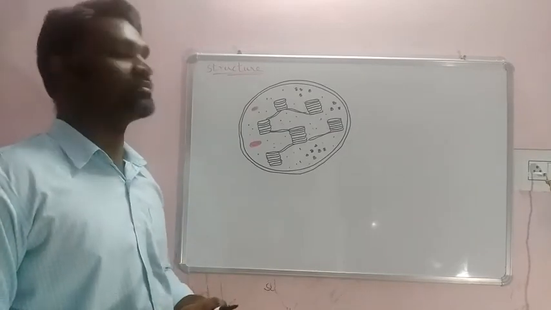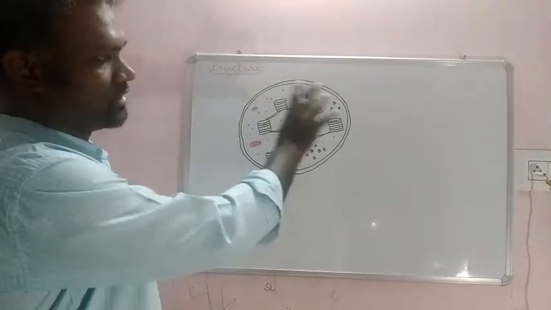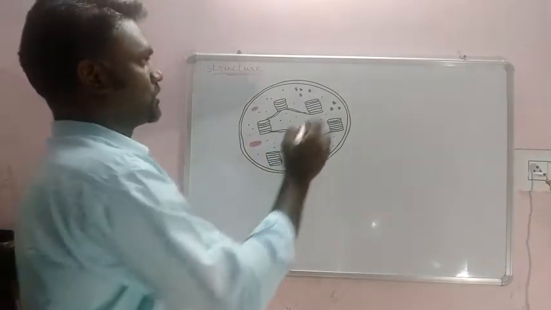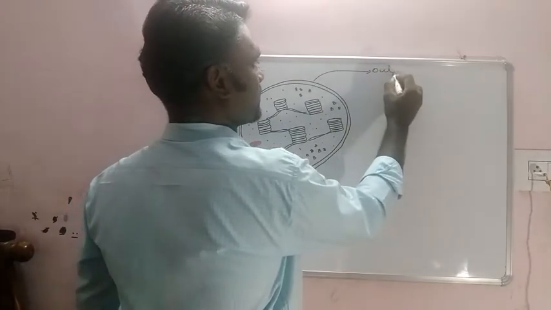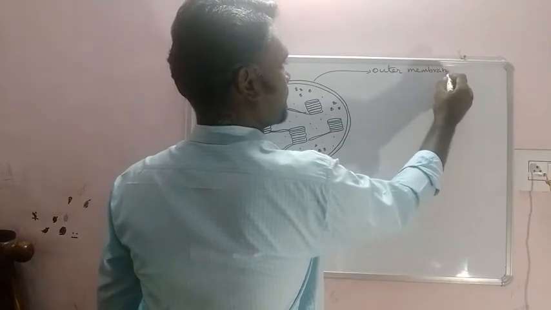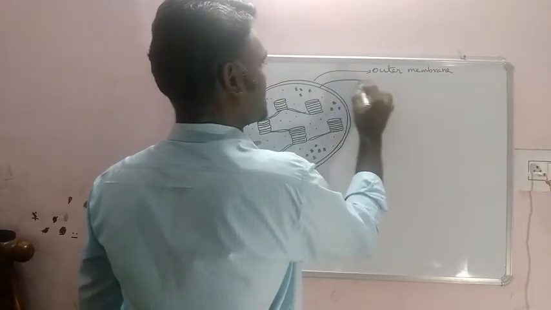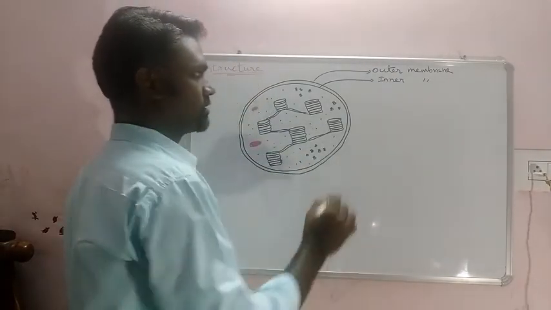Okay, so now we have the structure of chloroplast here. See now, look at that. Let us label one by one. This is the outer membrane. This is the inner membrane.